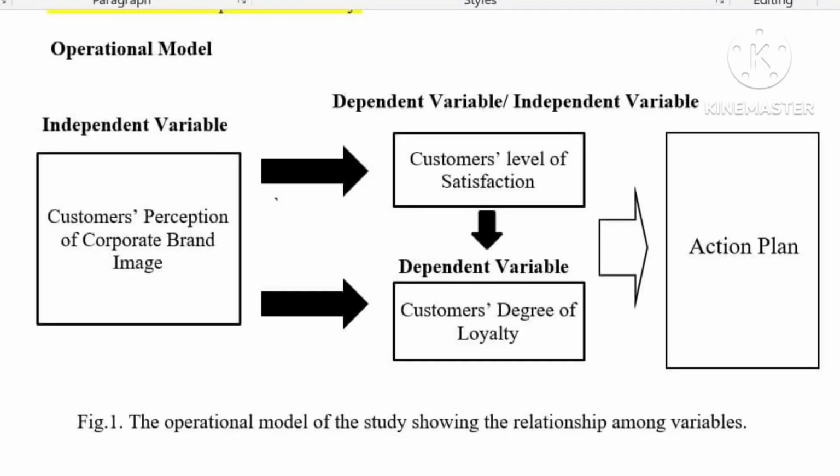Sa operational model natin, ayan, makikita natin dito, yung independent variable na customer's perception of corporate brand image, dependent variables naman, independent variables na customer's level of satisfaction, dependent variable na customer's degree of loyalty, and then sa bandang huli, yung action plan. And then sa baba, ay yung figure 1, the operational model of the study showing the relationship among variables.